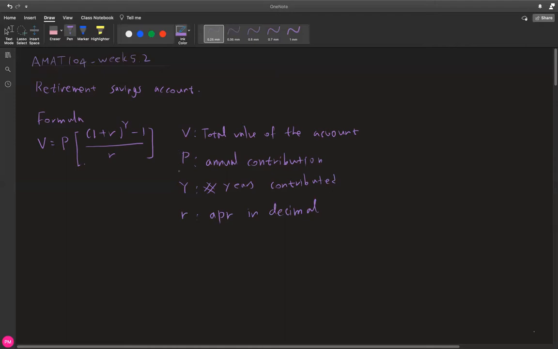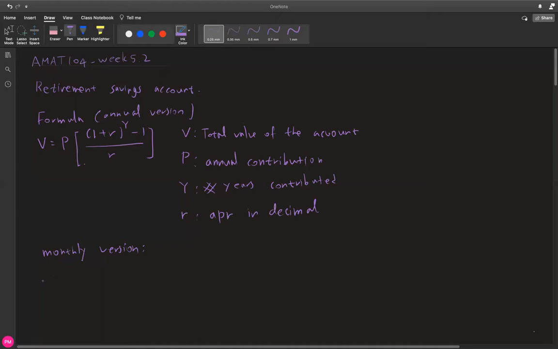So last time we also looked at another version of this. So this is the annual version. And there's a monthly version, meaning that instead of making annual contribution, you now have monthly contribution.